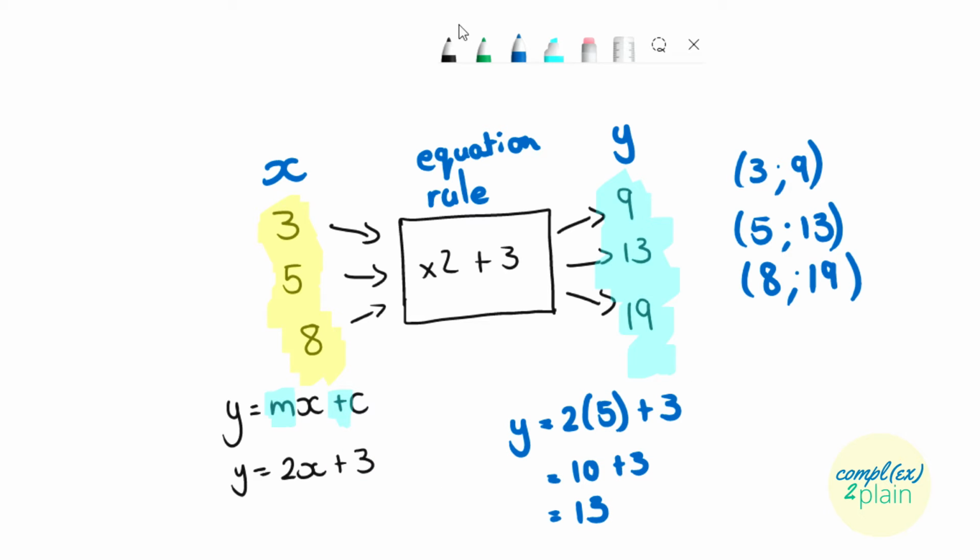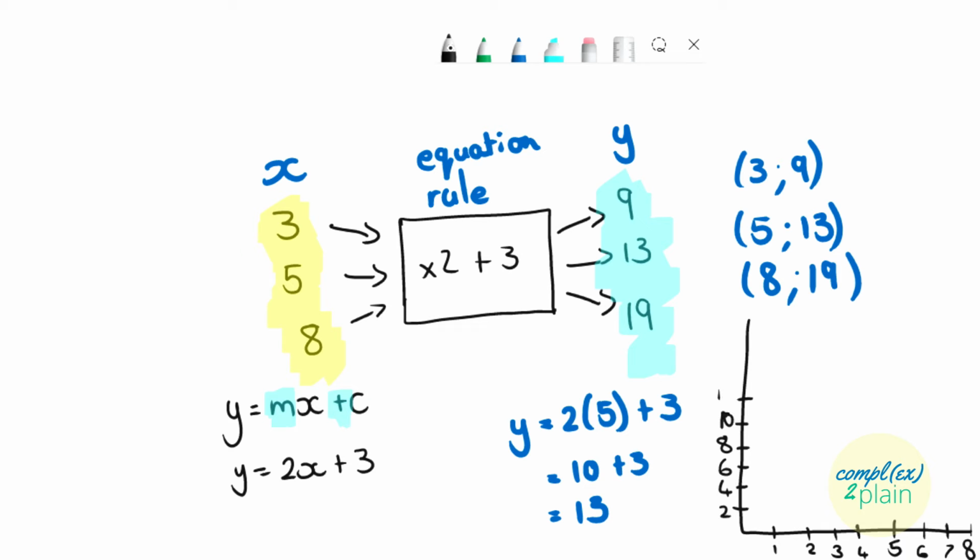So we can also plot this, obviously. I can plot this on a Cartesian plane. So if I plot this, I can plot the 3 and the 9. I can plot the 5 and the 13. And I can plot the 8.